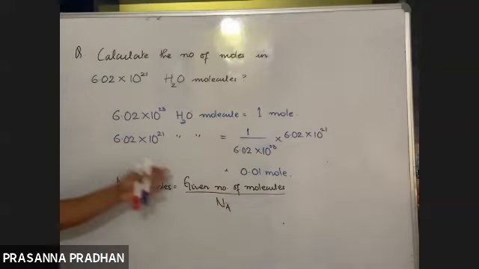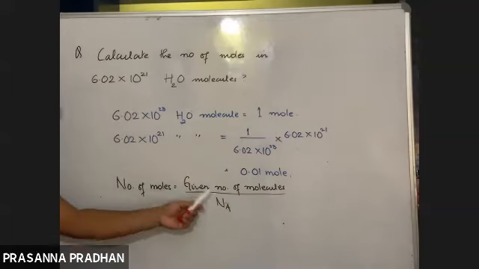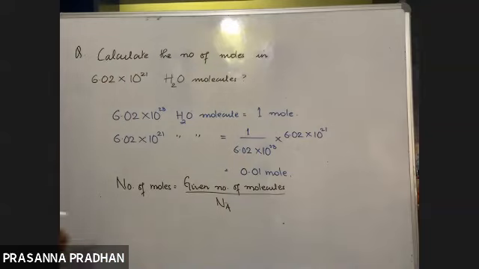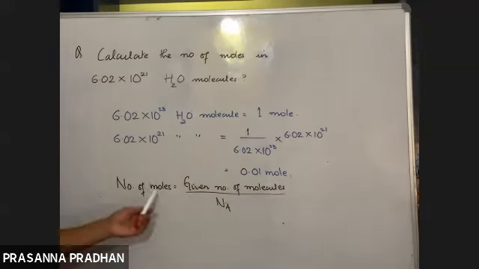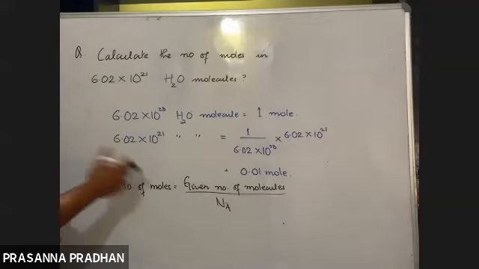So if the number of molecules is given, then by using this formula, we can easily find out the number of moles. Number of moles in terms of mass is given mass by molar mass. Number of moles in terms of number of particles is given number of particles divided by Avogadro number of particles. We need to remember these simple shortcut formulas.